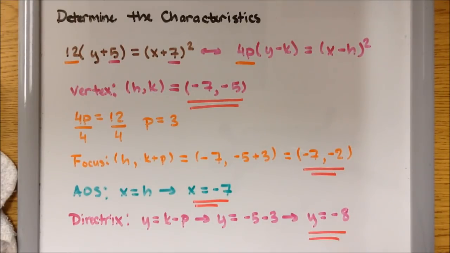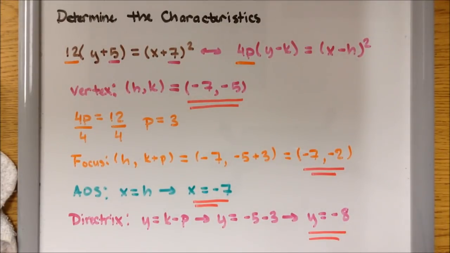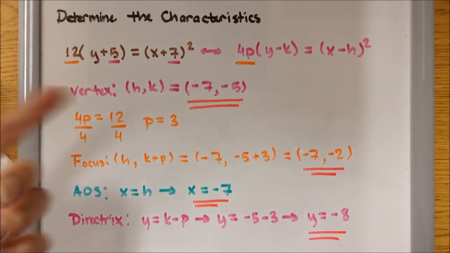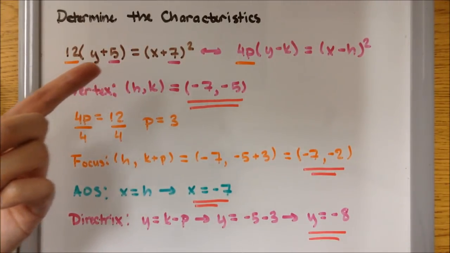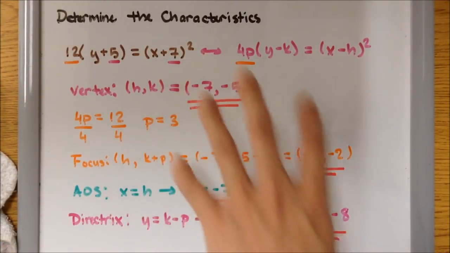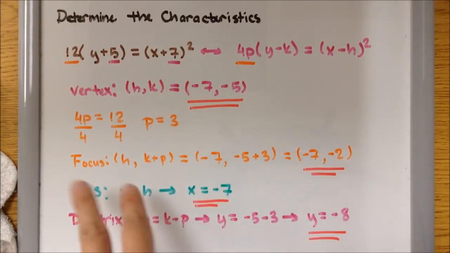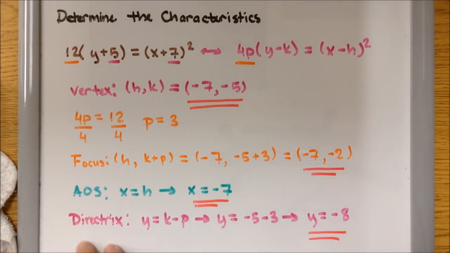It will be easy for you to graph rather than trying to plug and chug each point to get a coordinate point and then graph from each point, meaning that you may have to do like 5 points or maybe 7 points to get a proper graph. But here, once you find each component, each part, vertex, focus, axis of symmetry, directrix, it would be a lot easier to graph that way.